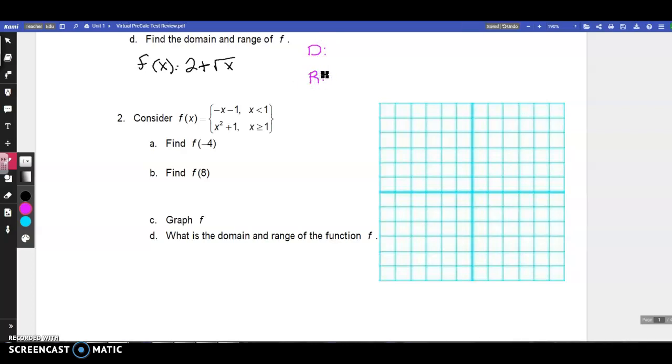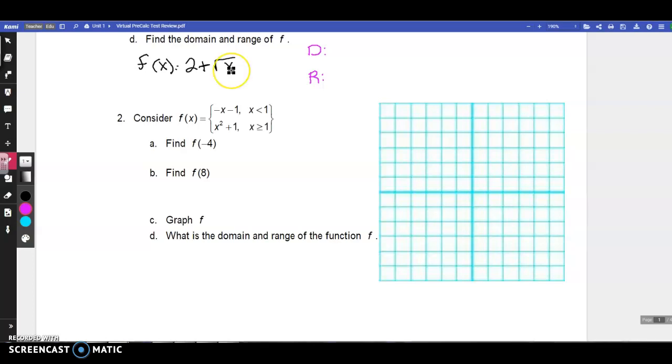If I look at this function, what am I worried about? I see a square root, and I know that if I throw negatives under a square root, I'm going to have a non-real value, an imaginary number. So when you think about domain, in your head you should be thinking, I can't have negatives in the x value, which means negatives are not in my domain. What about 0?